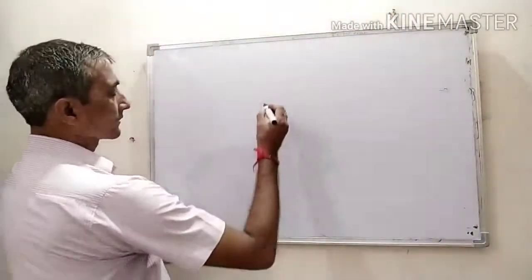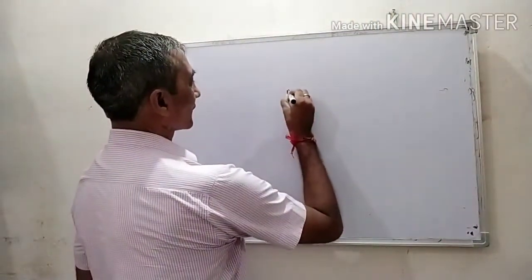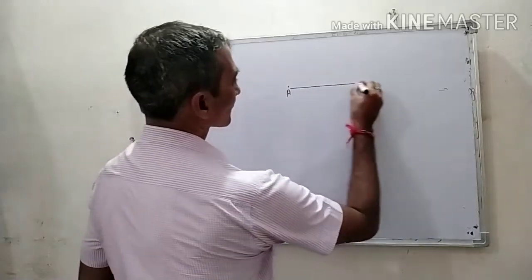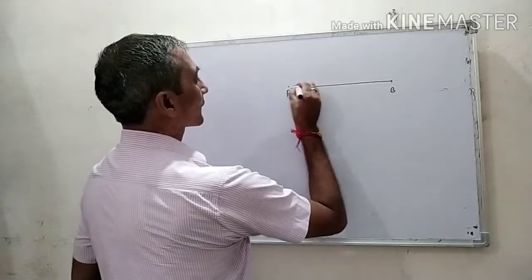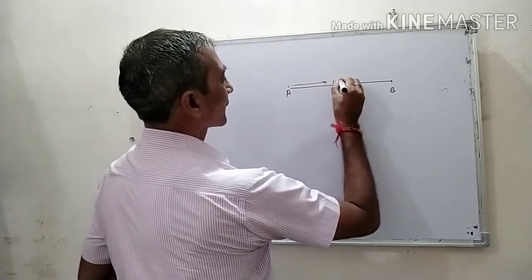Student, practically you will see, let place A be here and place B be here, and the total distance is 100 km.